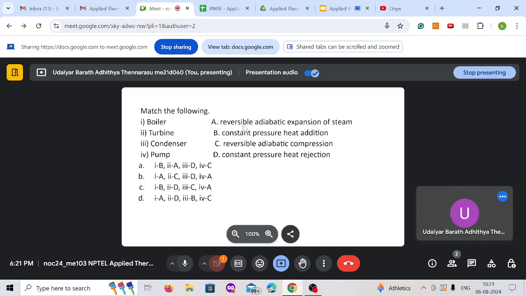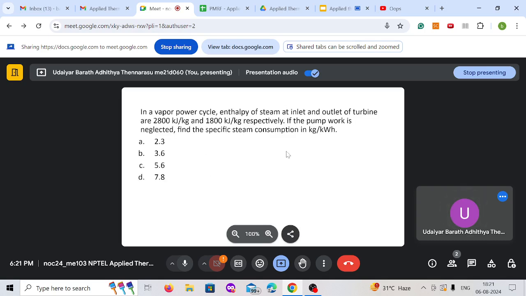So option A. Then again condenser is constant pressure heat rejection. So option D. And pump is reversible adiabatic compression. So 3 is C. So the answer is option A.